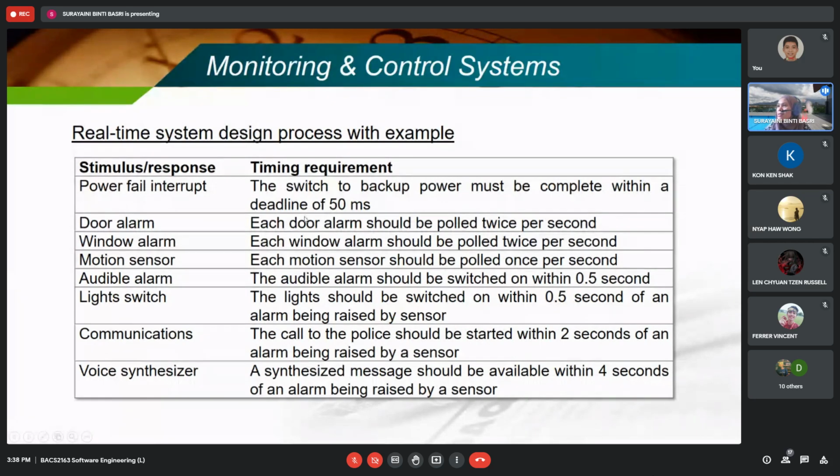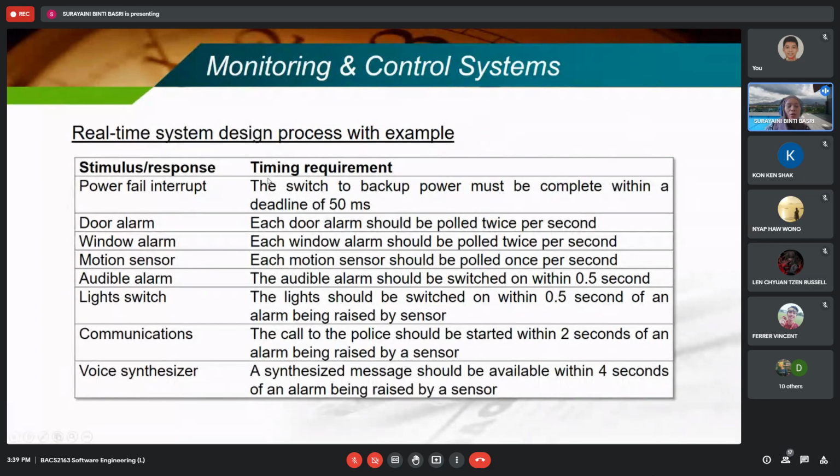So this is the time requirement, the example of how you can allocate time to the stimuli to get the response to work. So for example, for the power fail interrupt stimulus, it will need to respond within 50 milliseconds.